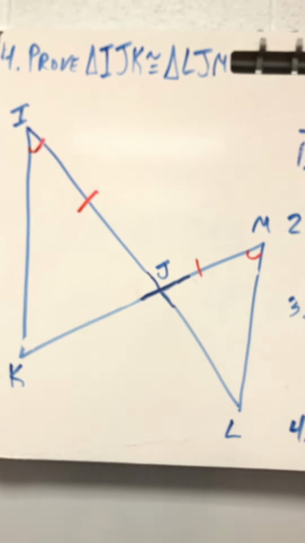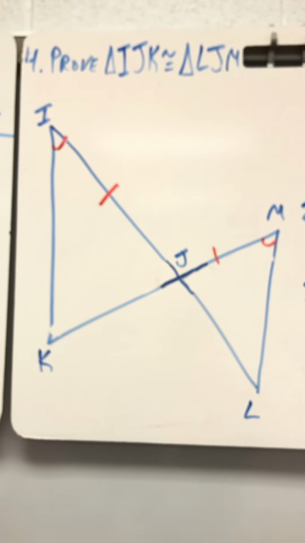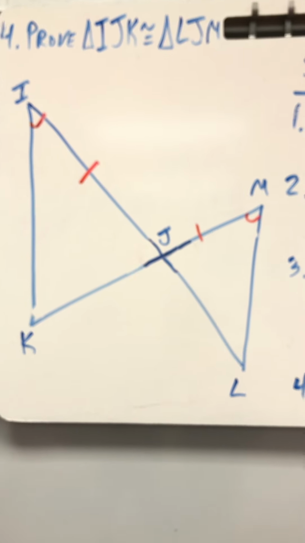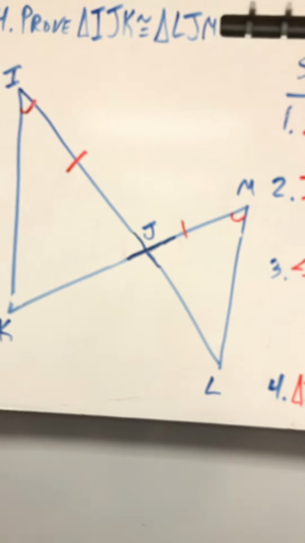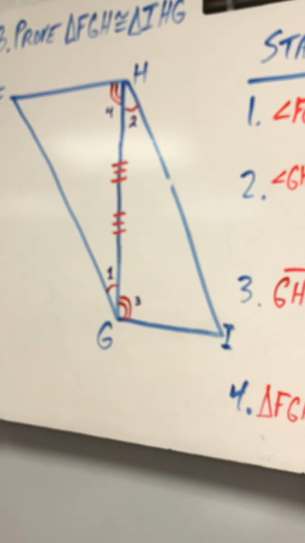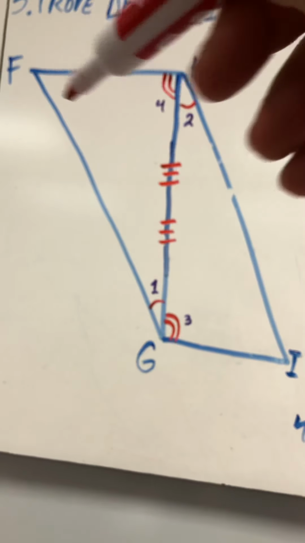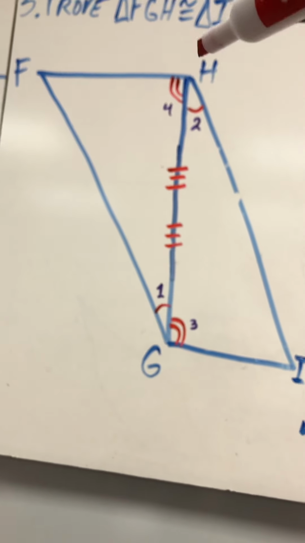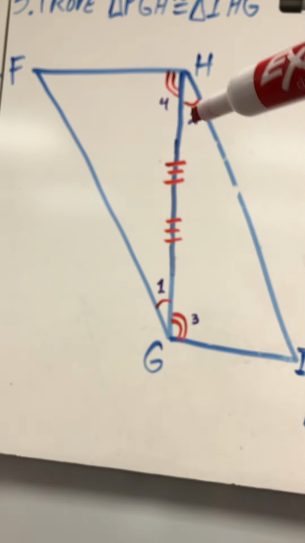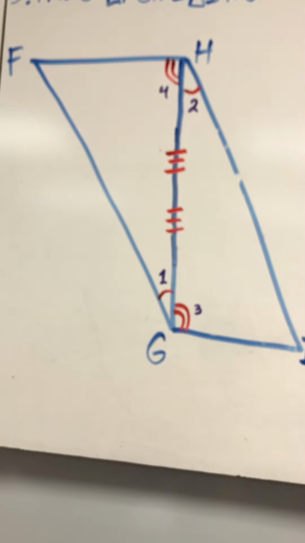Over here, I'm going to say angle I is congruent to angle M. Notice, by the way, I can call it angle I and angle M because angle I is way out here all by itself. Compared to, say, these angles here, all right, I could call angle F, but this angle 4, I can't call it angle H because angle H is a combination of angle 2 and 4, right?